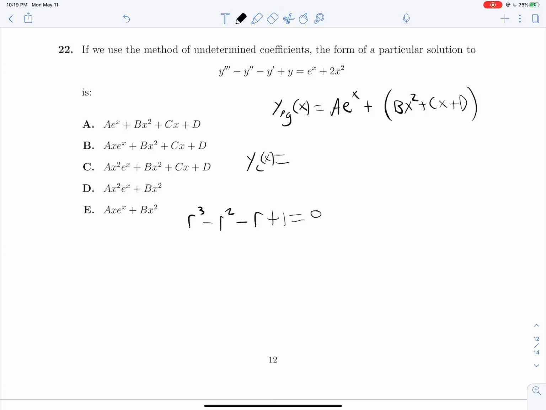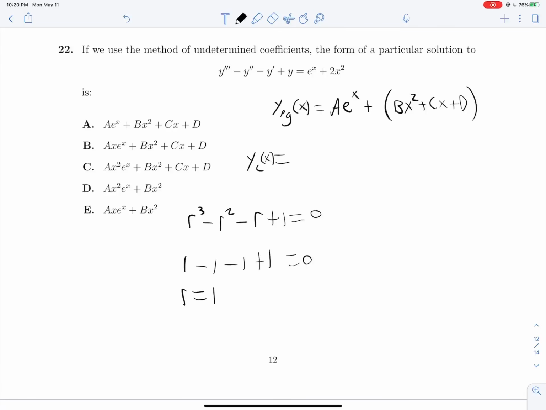I think I'm just going to test whether 1, negative 1, i, and negative i work for this. Actually, i and negative i wouldn't matter. The only thing we're really worried about is 0, which does not work, so we're good there. This does not have a solution for r equals 0, but does it have a solution for r equal to 1? We'll have 1 minus 1 minus 1 plus 1 is equal to 0, so that works. r equals 1 is definitely one of our solutions.